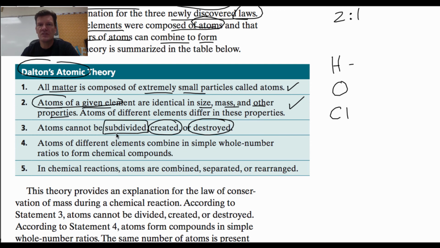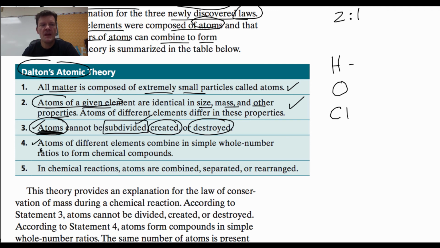Subdivided, that is really no longer true because we know that there are particles inside of the atom and they can be stripped away from the atom. But in essence, atoms being the basic building blocks, if you do divide the atom or destroy the atom, it no longer is going to retain the properties that it once did. And we'll look at that new definition. But this is somewhat true, still true, okay?